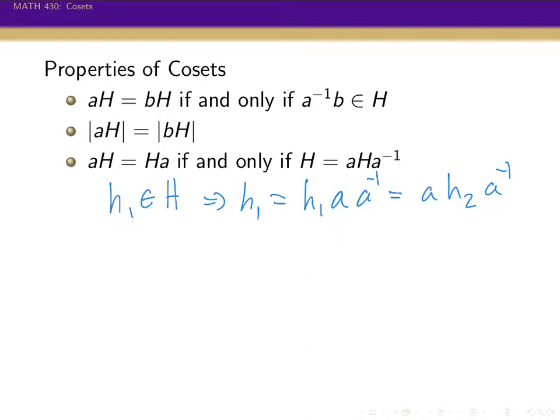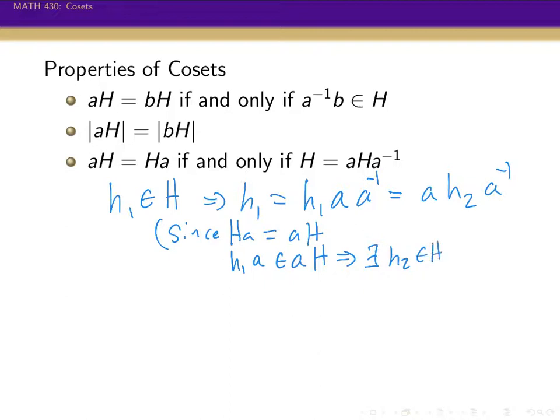This comes from, since HA is equal to AH, H1A is inside AH, which means there exists some H2 in H, such that H1A is equal to AH2.